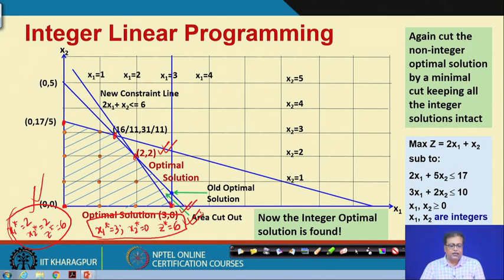So, this is the method, really speaking, that we solve the LP, we find the optimal solution, then progressively cut the solution space in such a manner, so that all the integer solutions are intact, but current non-integer optimal solution is cut off, right.